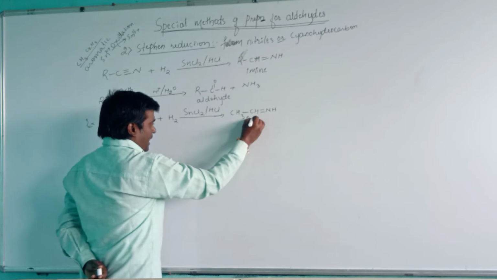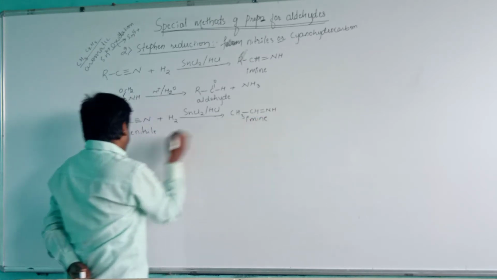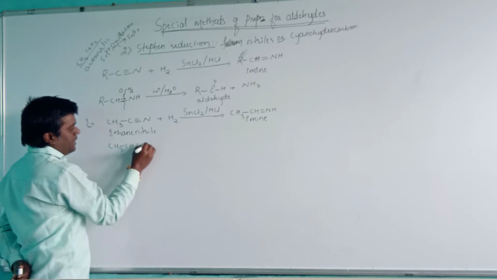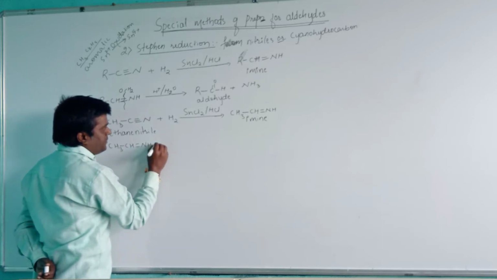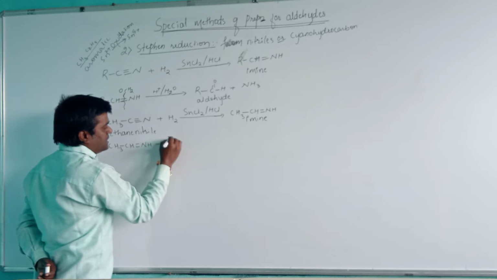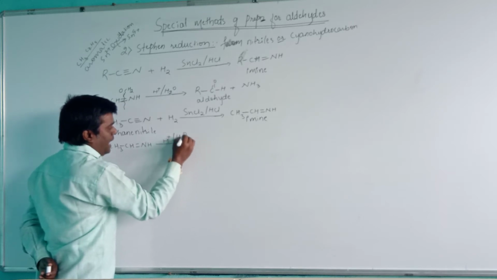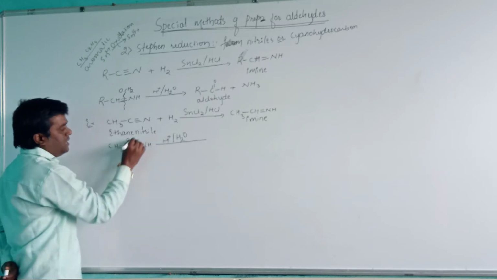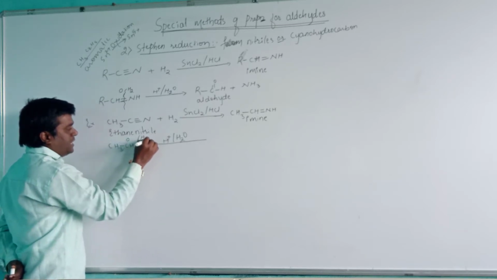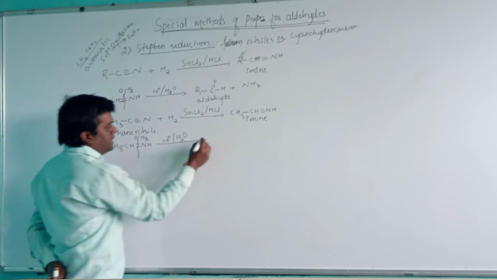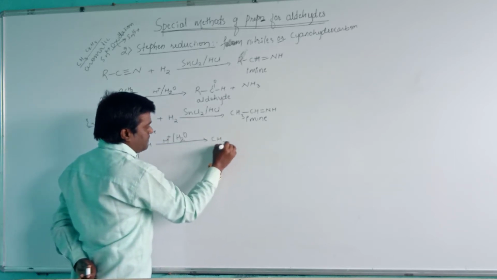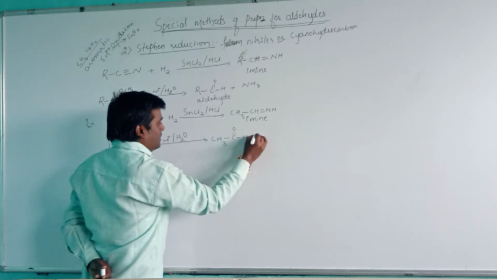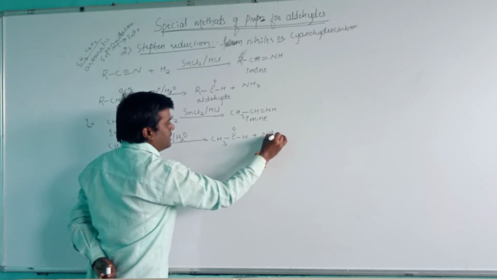The imine on acid hydrolysis adds the oxygen to the carbon atom and adds the hydrogen to the nitrogen atom to form the aldehyde, that is CH3 C double bond O H. Then another product is ammonia, that is NH3.